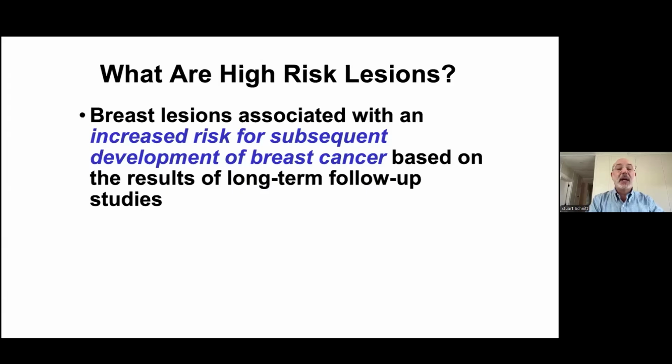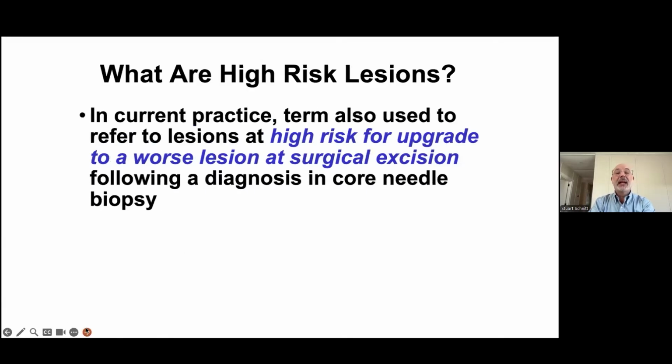In fact, this has been the definition of high-risk lesions for several decades. But in addition, in current practice, the term high-risk lesion is also used to refer to lesions at high risk for upgrade to a worse lesion at surgical excision following a diagnosis in a core needle biopsy.